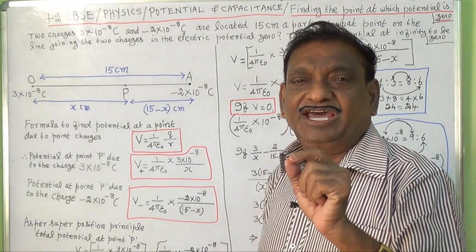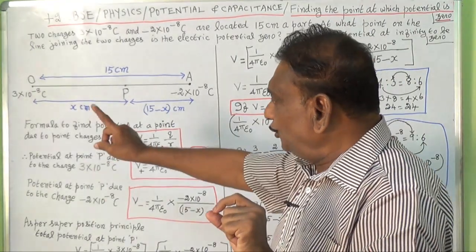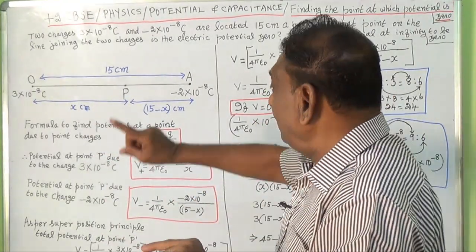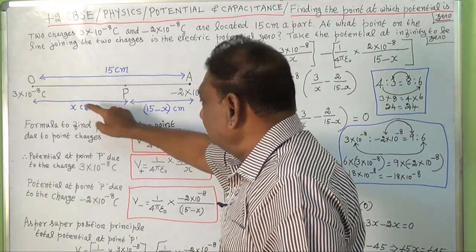Let us consider the distance between 3 into 10 to the power of minus 8 coulomb charge and the point P as x centimeter.